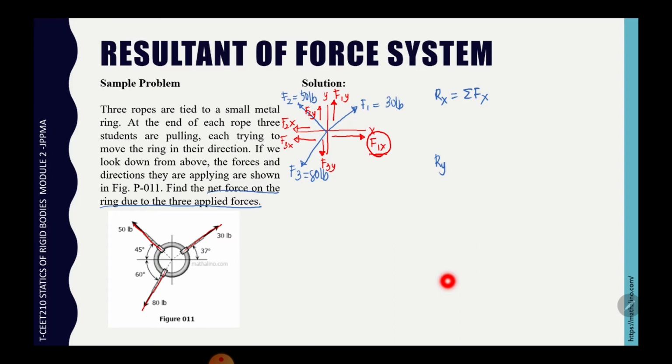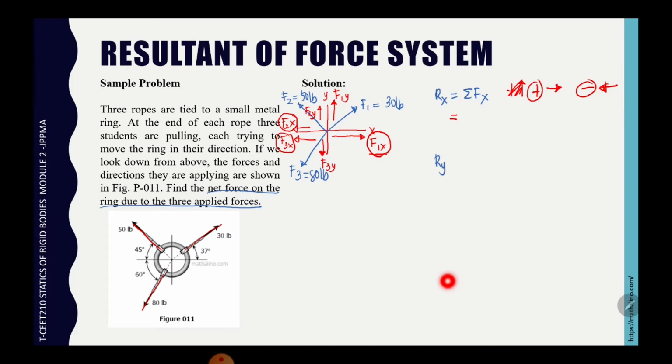At saka ito, at saka ito. So, ibig sabihin, equals. So, assume natin positive yung going to the right and negative yung going to the left. Okay?